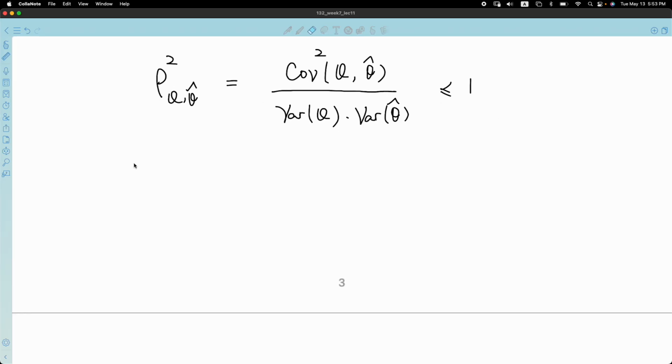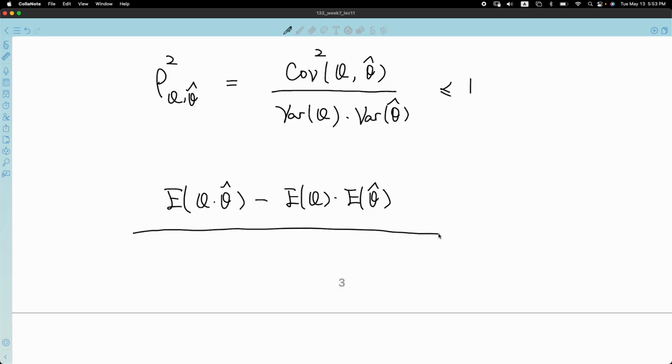Okay, so now let's further decompose each of the terms. The covariance square, applying the covariance formula, is equal to the expected Q multiplied by theta hat minus the expected Q multiplied by the expected theta hat, all divided by the following.